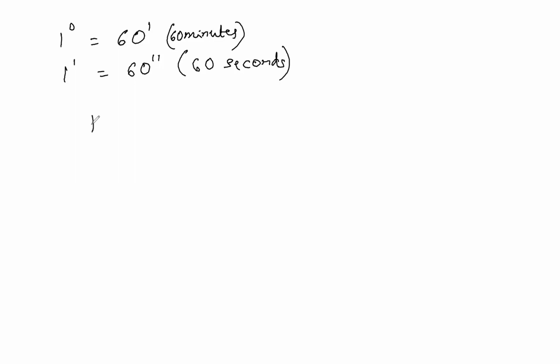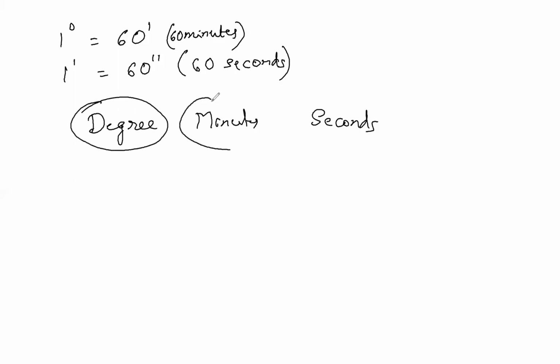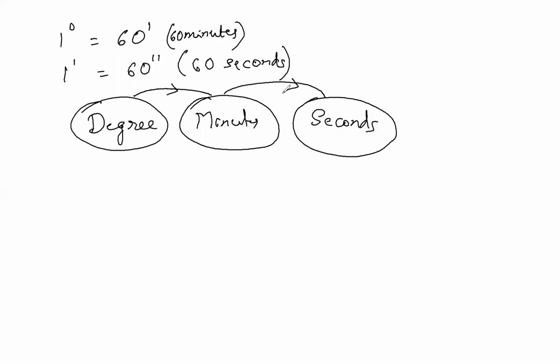Degree, then minutes, and then seconds. To convert degree to minutes, you will multiply by 60. And for minutes to seconds also we have to multiply by 60.